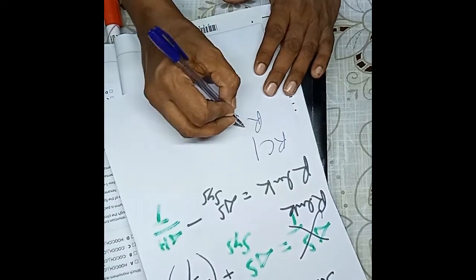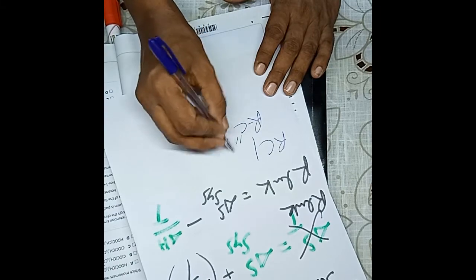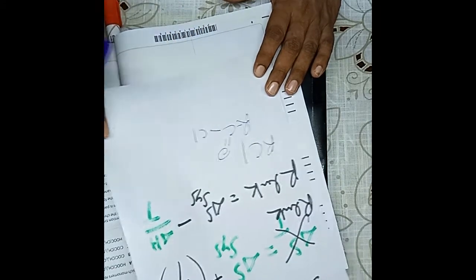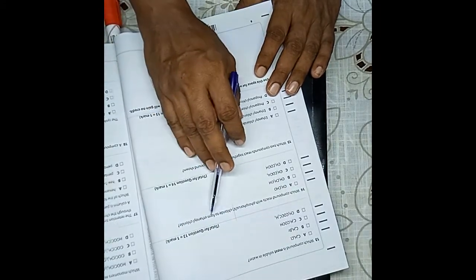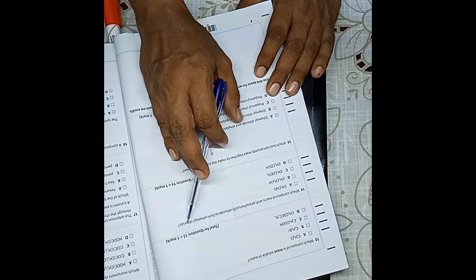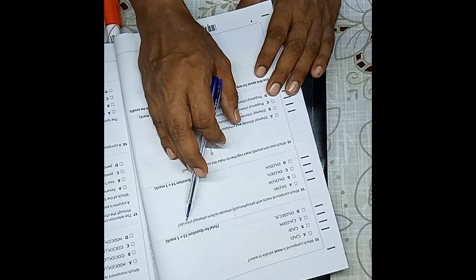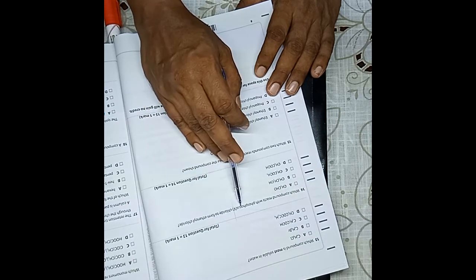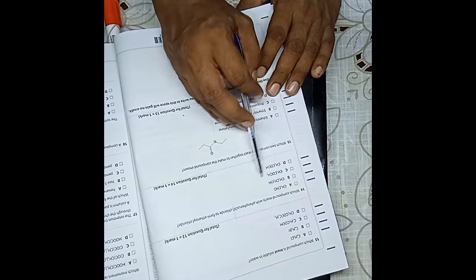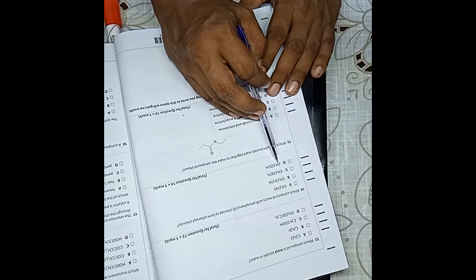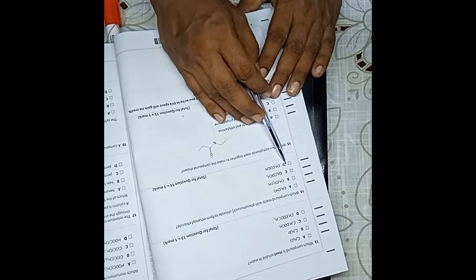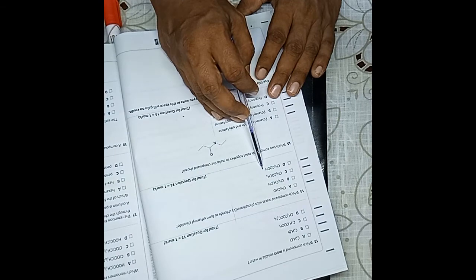If it reacts with RCOOH, it ends up as RCOCl. Here the end product is ethanoyl chloride. Therefore, the starting reactant should be ethanoic acid. Then ethanoic acid is the last one, D. Then for the 14th question, D is the correct answer.